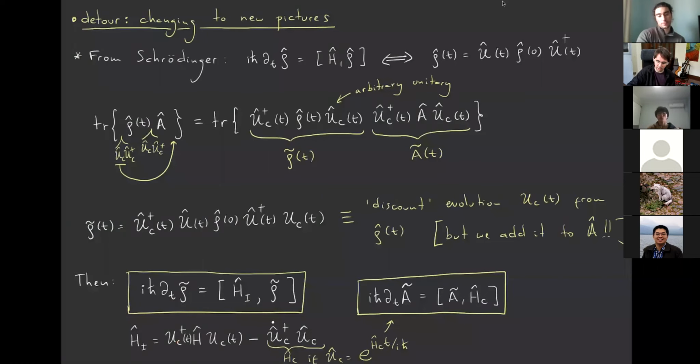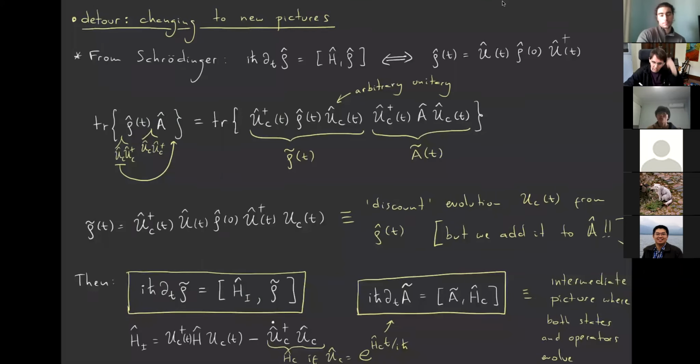And in that case, the operators will also evolve in time. So this is something that I usually like to call intermediate picture, because both states and operators evolve.